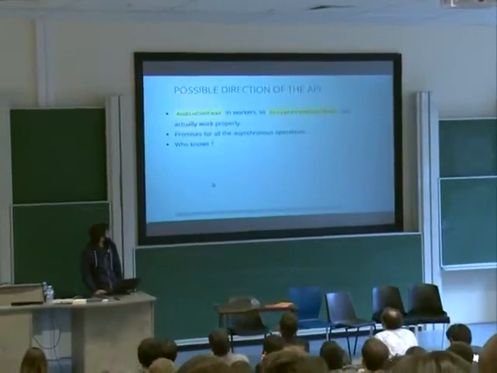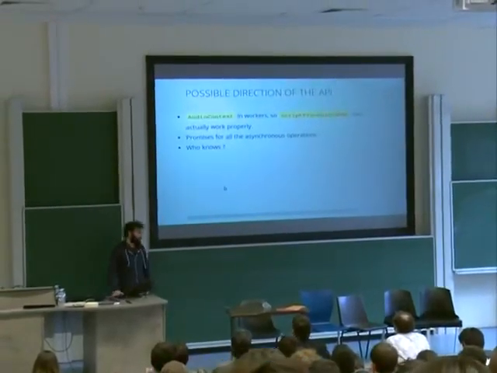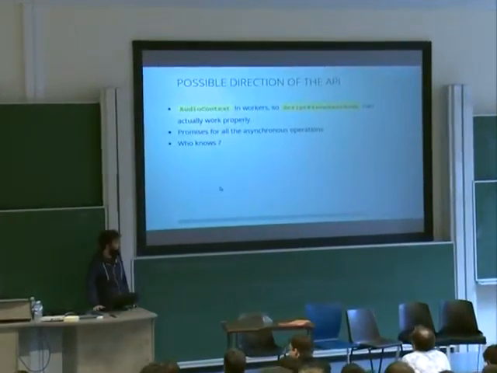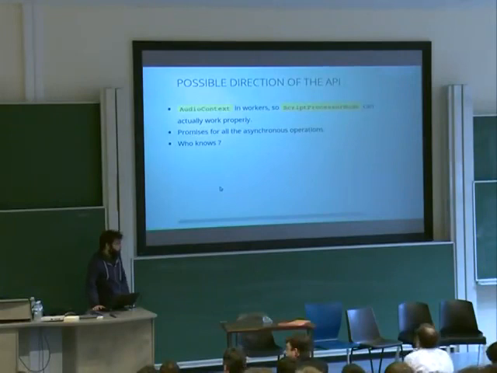So, possible direction: audio context in workers, as we heard in previous talks. We want to do everything in workers, so why not web audio? It will fix script processor node because it is broken per spec.